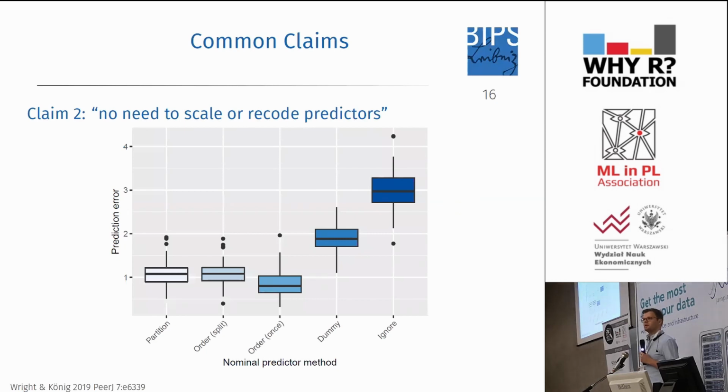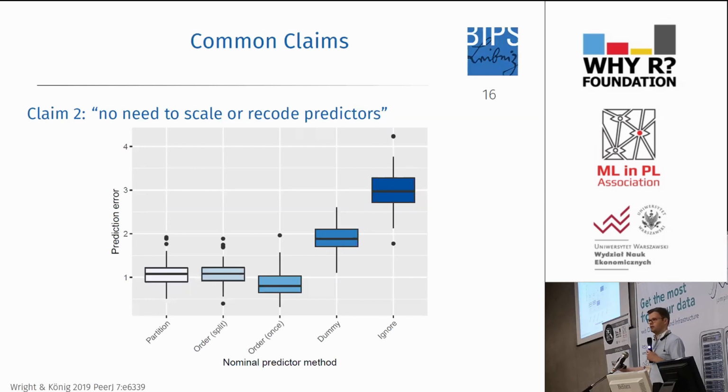If you compare the performance of the different approaches, you see that the naive or ignore approach performs quite badly. The dummy coding also performs quite badly, which is interesting because it's the standard for most other machine learning methods. And actually, in this example, order once performs better than the other two.